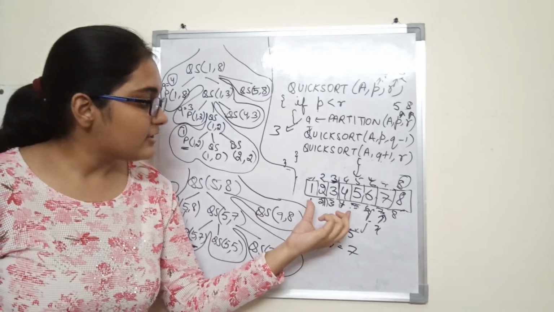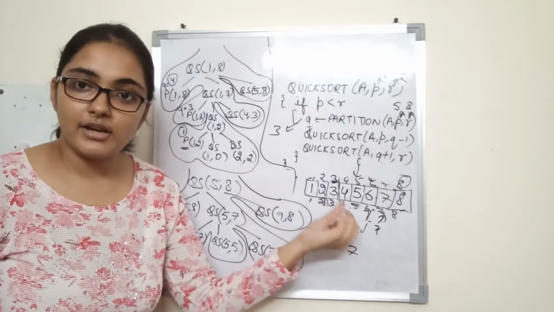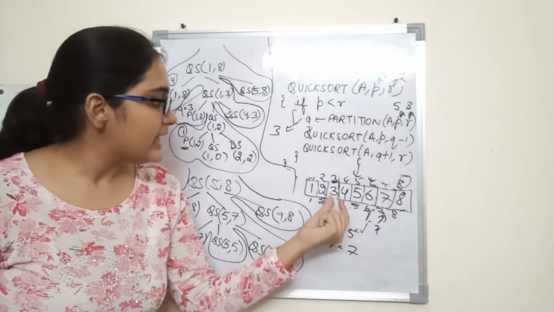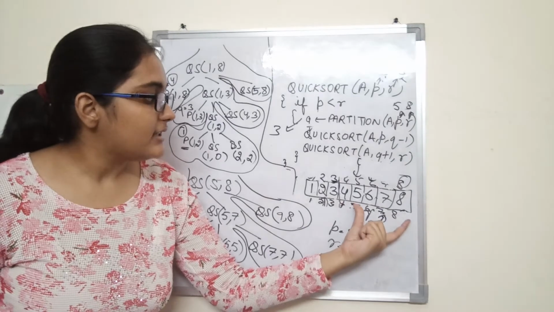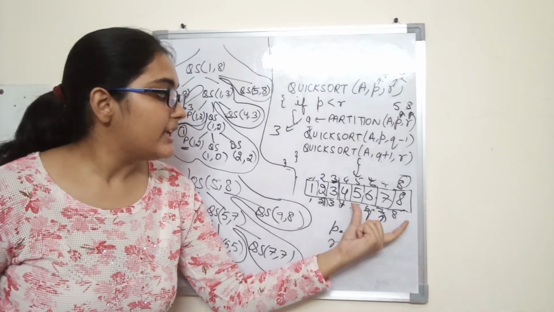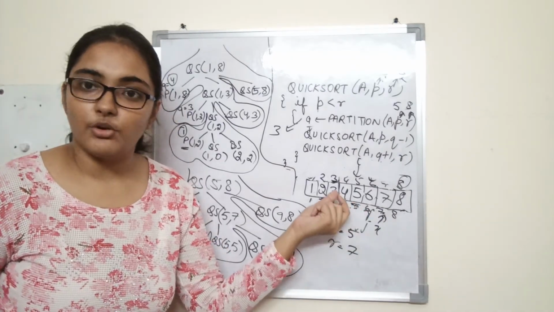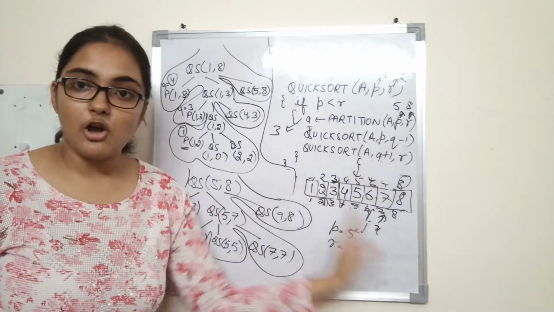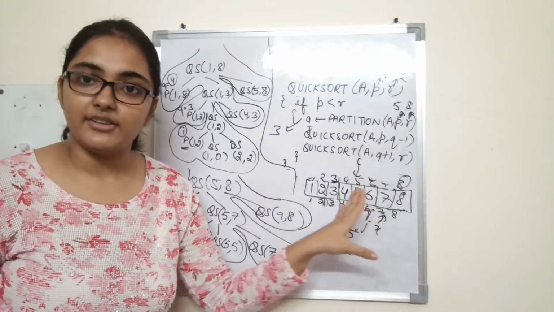So all the elements on the left side were smaller than 4 as a result of the first partition, and all the elements on the right side were greater than 4. And similar was the case in all the subsequent partitions that we did, right?